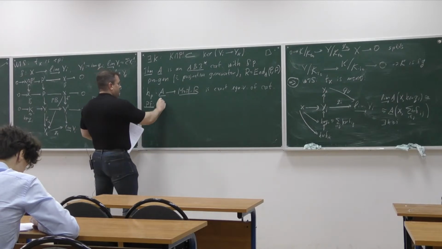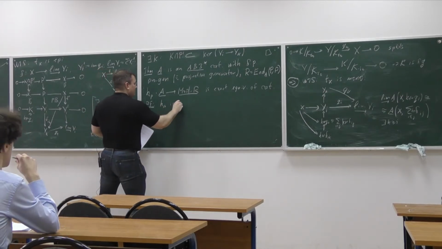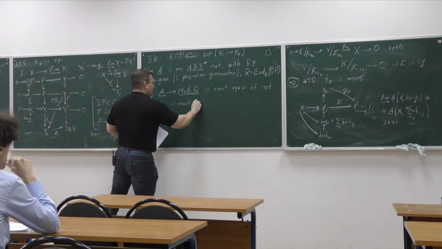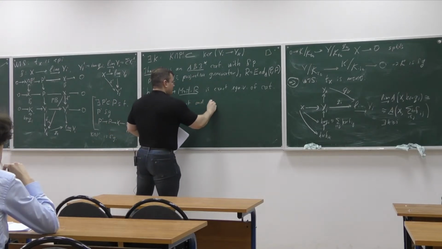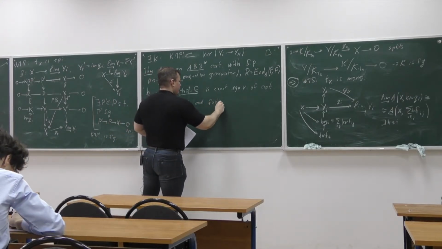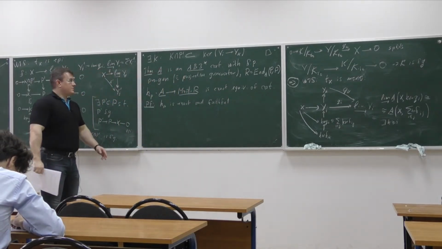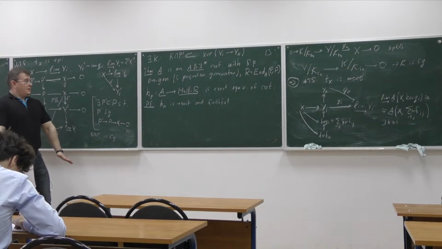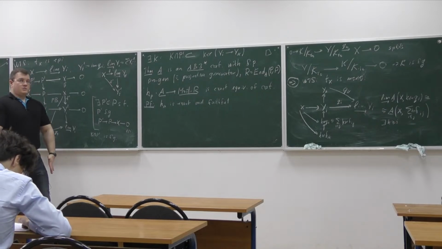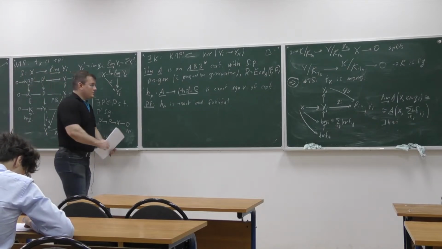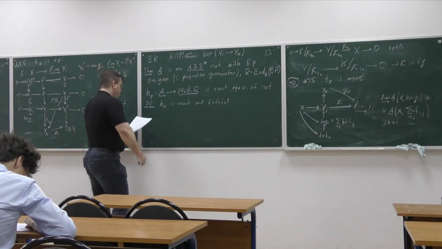Now, first of all, it's clear that H sub P is exact and faithful. Right? It's exact because the object is projective, and it's faithful because the object is a generator. Just a combination of two definitions.